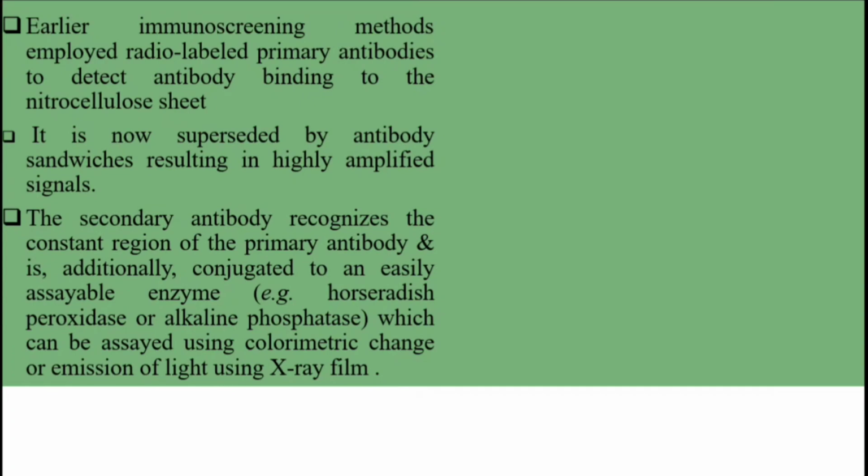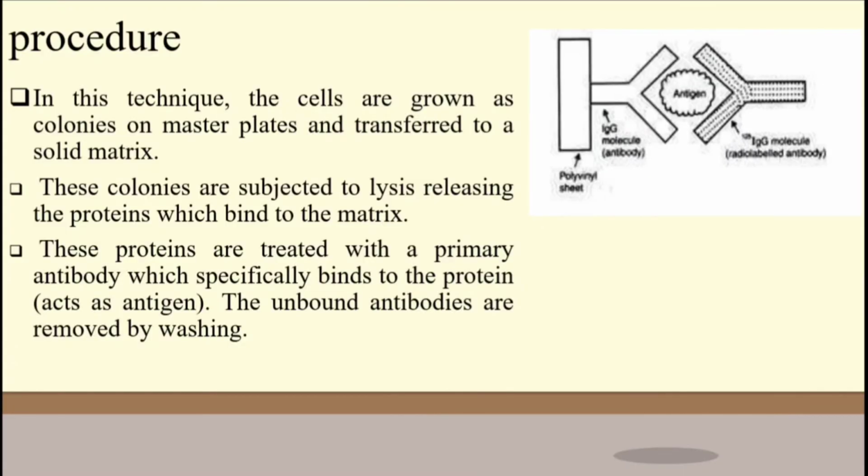The secondary antibody recognizes the constant region of the primary antibody and is additionally conjugated to an easily assayable enzyme, that is horseradish peroxidase or alkaline phosphatase, which can be assayed using a colorimetric change or emission of light using X-ray film.